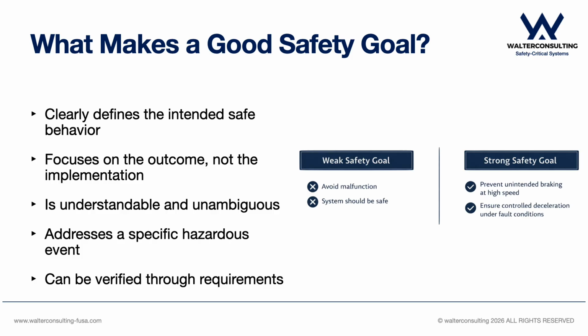A strong safety goal, on the other hand, clearly describes the expected behavior. For example, preventing unintended braking at high speed. So here is a simple question. Which of these would you be able to verify in a real project? The answer is clear. A good safety goal must be precise, unambiguous, and linked to a specific hazardous event.